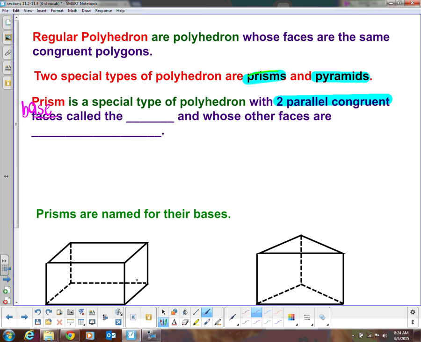Two congruent faces called the bases, and whose other faces are parallelograms or rectangles.